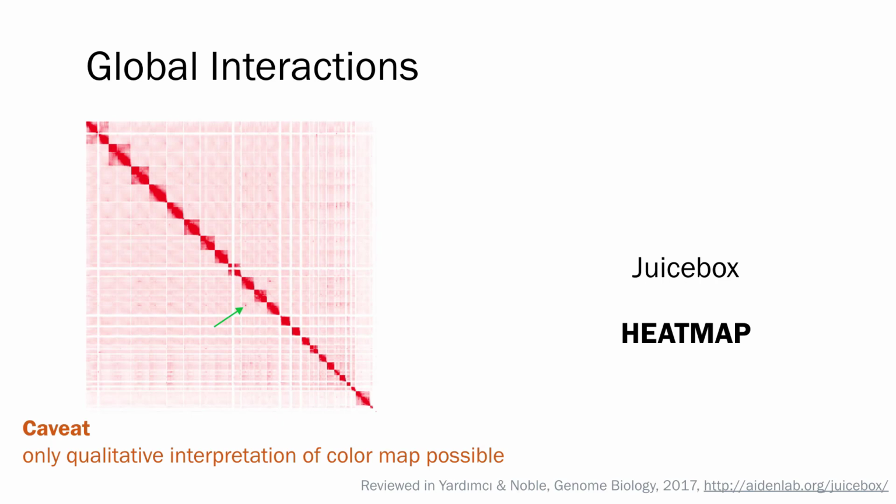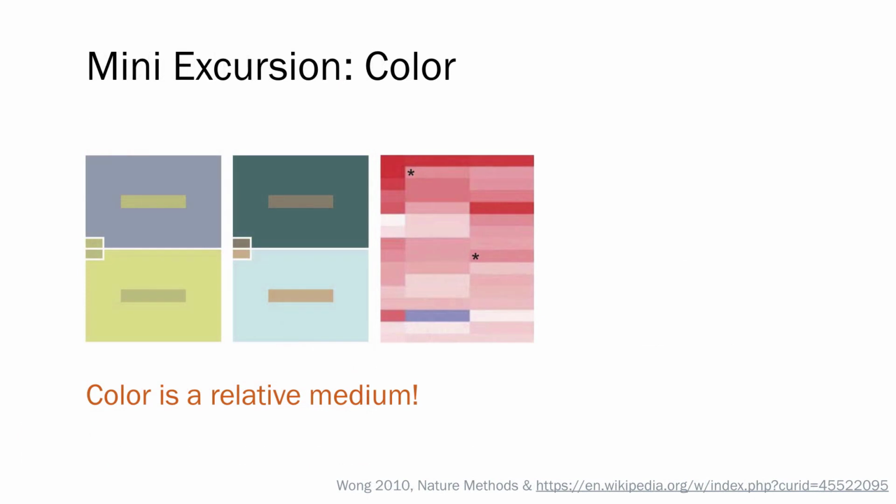In this example they were pointing out a specific feature, but here you have some red that is surrounded by light red, by pink. Because it's surrounded by pink, you perceive it as a darker red. If you have the same color somewhere else, but surrounded by darker red, you would not perceive it as dark. So that's a huge problem with heat maps in general. You can do a qualitative analysis of what you're looking at, but never try to read any values off.